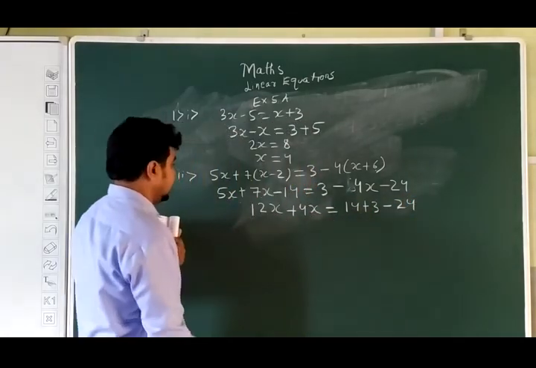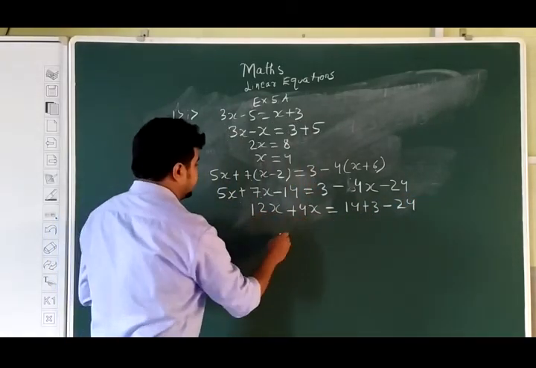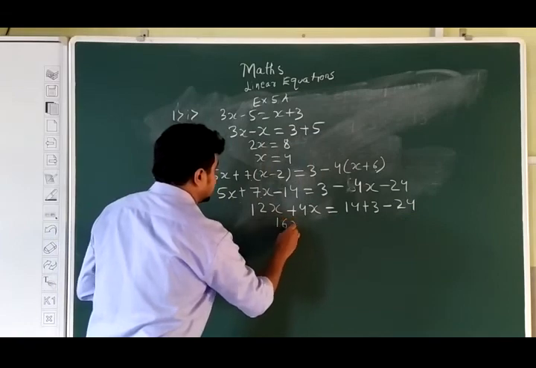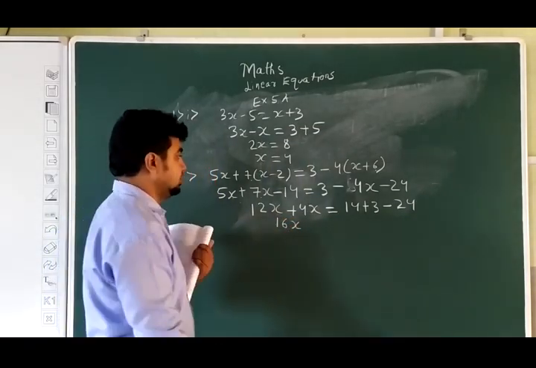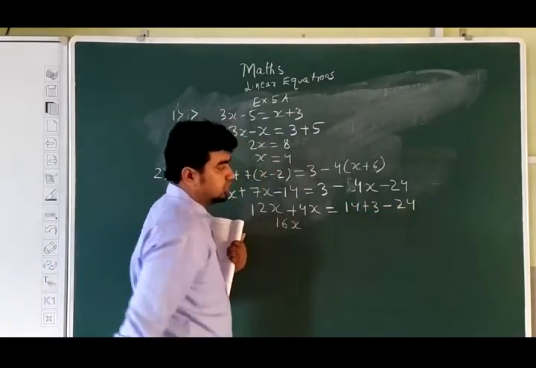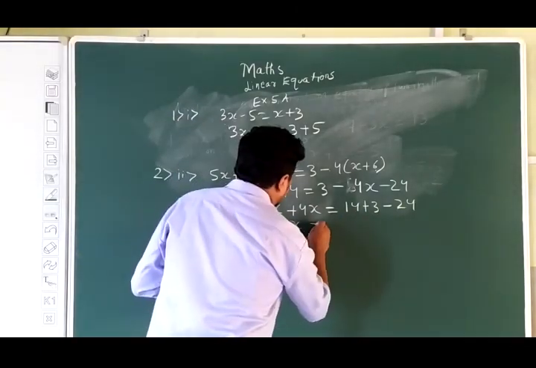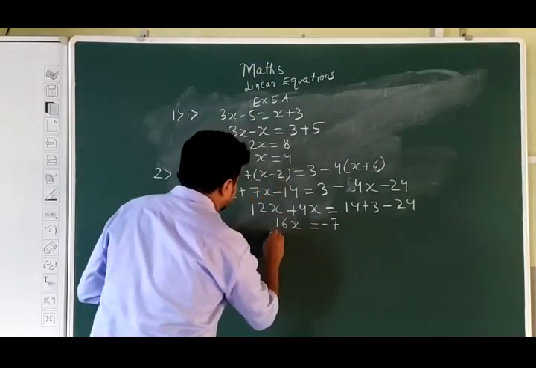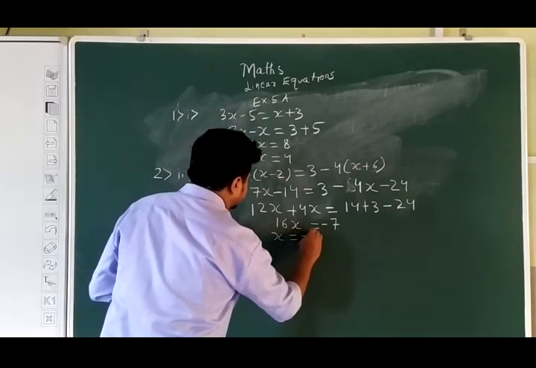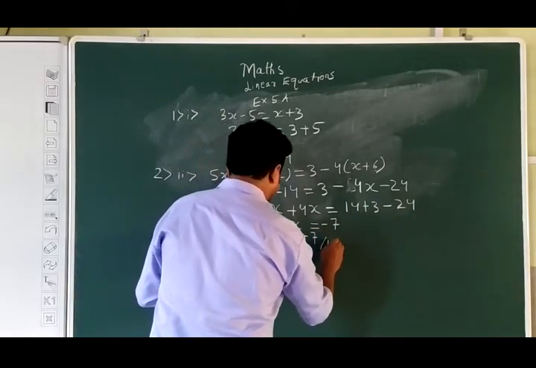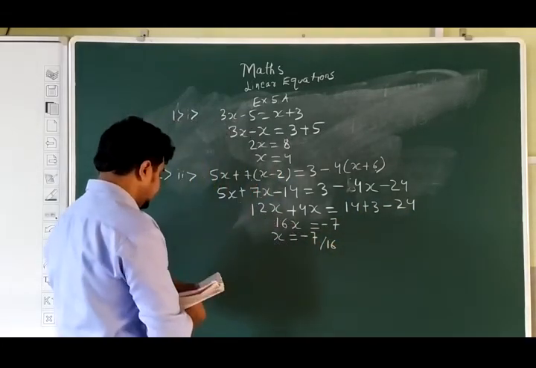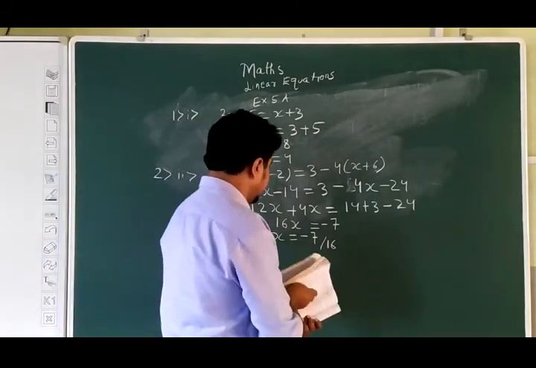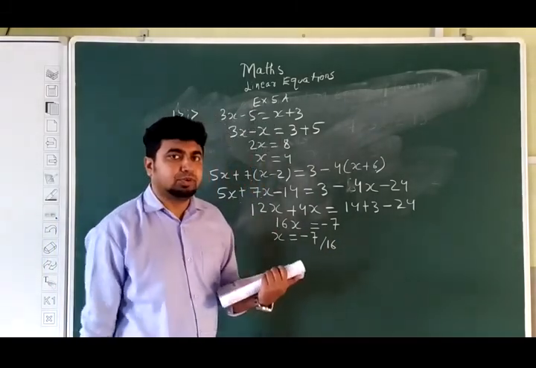We are getting 12 plus 4 is 16x. 16x is equal to 17 minus 24, which is minus 7. So x we are getting minus 7 by 16. This is the value of x, minus 7 by 16. So this is question number 2.